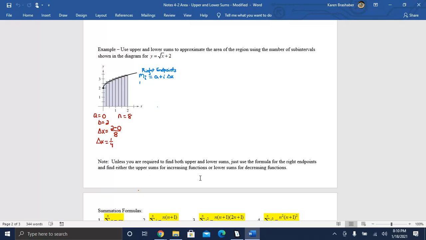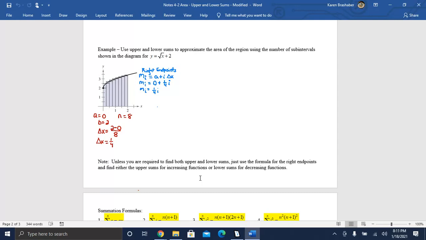So that would be your A, which in this case is 0, plus your delta X, which was 1/4, and then i. Well, if you think about that, that's just 1/4 i. Very similar to what we reasoned about with our first example, where the height of each rectangle could have been generalized to 2/4 i.